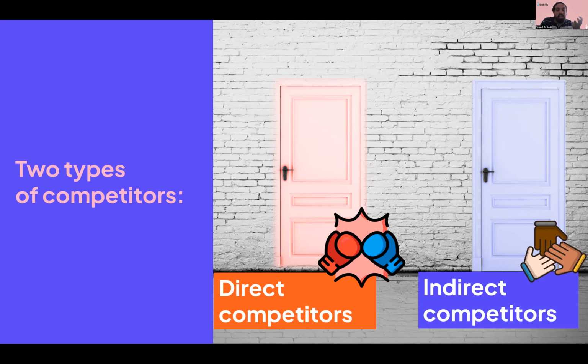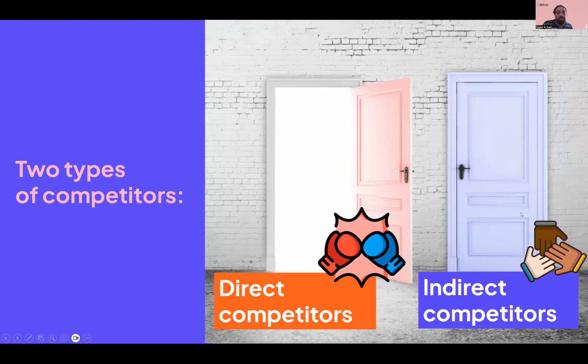It's a little bit different. In my case, for example, any organization that delivers training about leadership and coaching for leadership. So it's something similar, but not quite the same. In our session today, we are going to focus just on direct competitors.